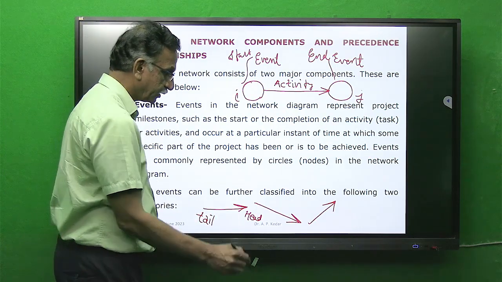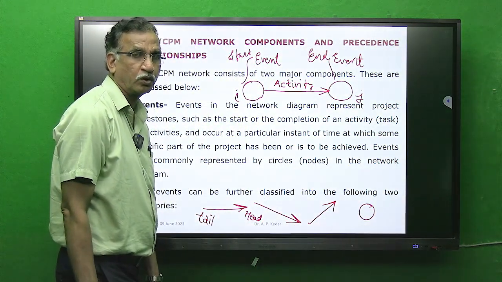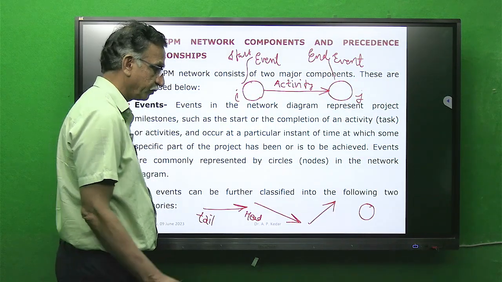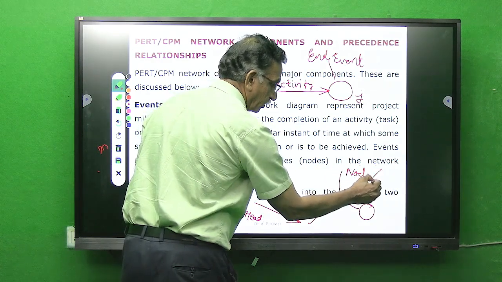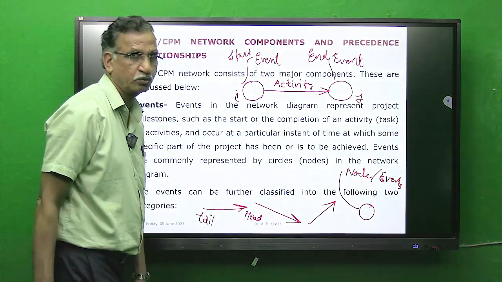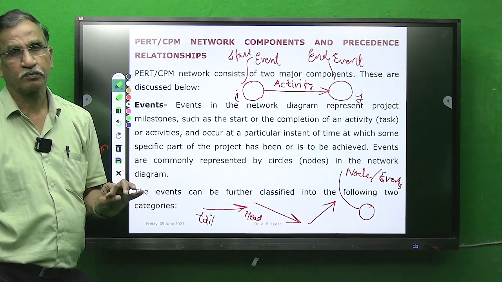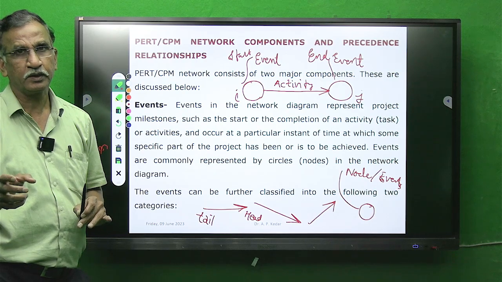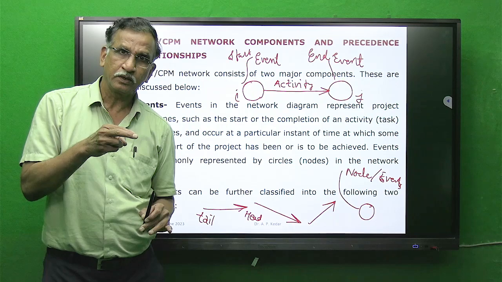And important, what is this? Node or other name, event. Students, you must understand these two terms if you want to thoroughly understand the concept of PERT and CPM. What is a node? What is an activity? Are there any differences between node and event?